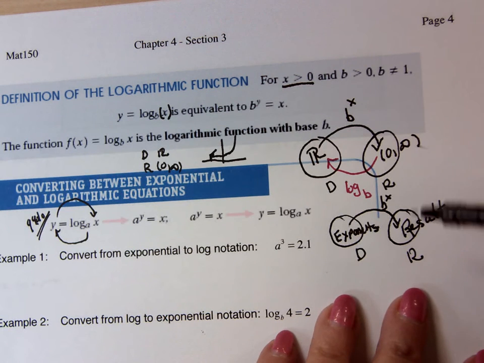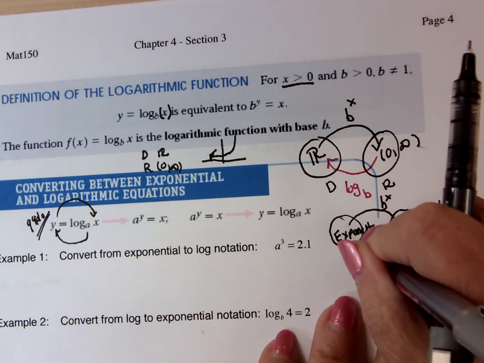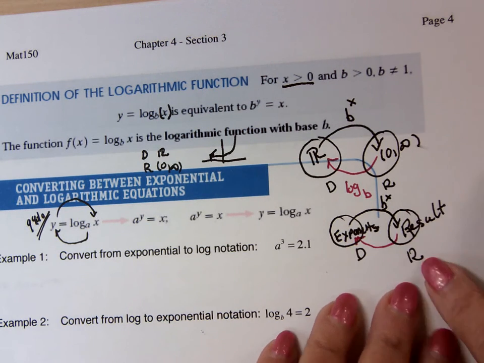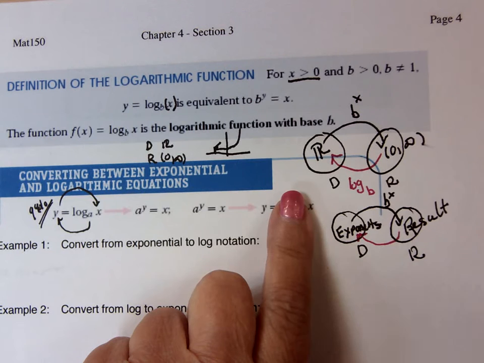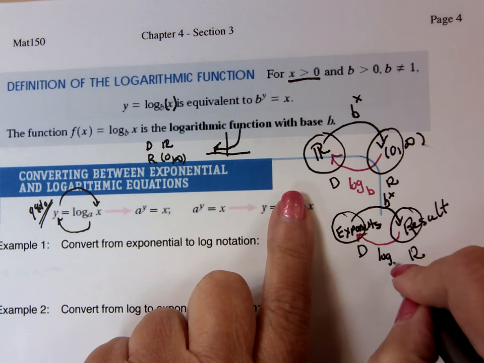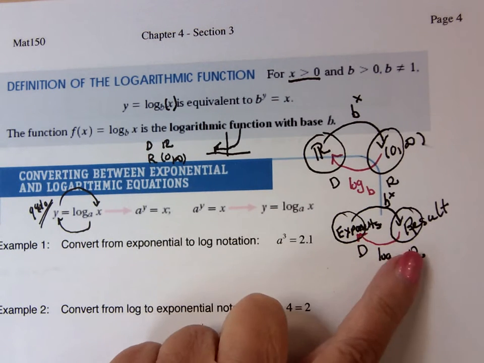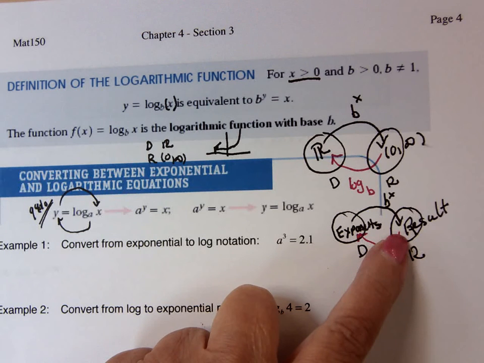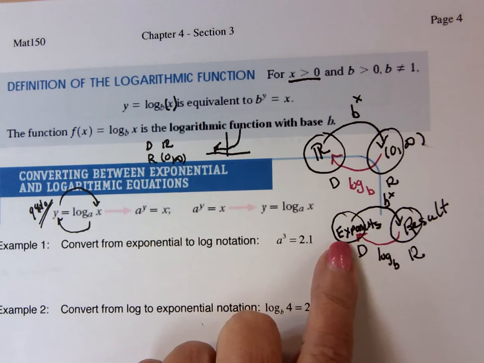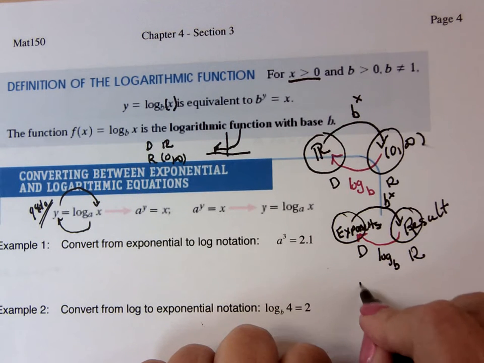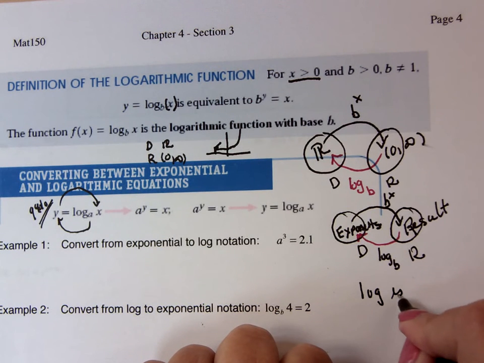So when you think about going backwards, the logarithm picks up the result and takes it back to the exponents. That's why we always say that the log is an exponent.